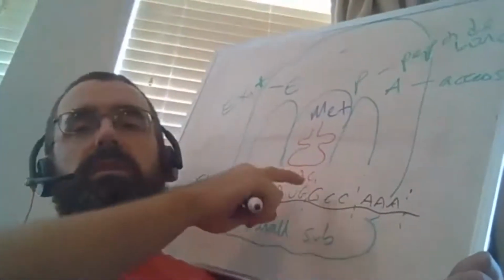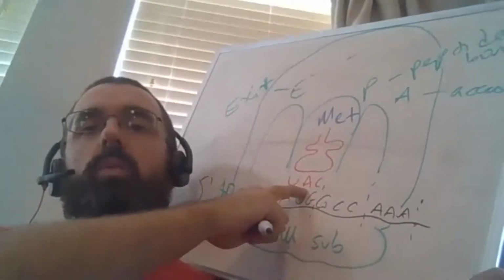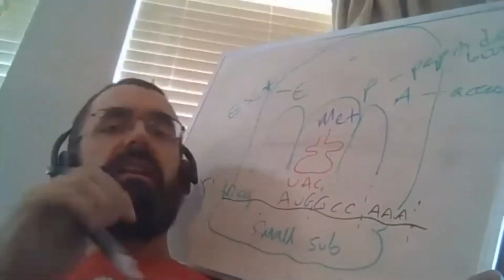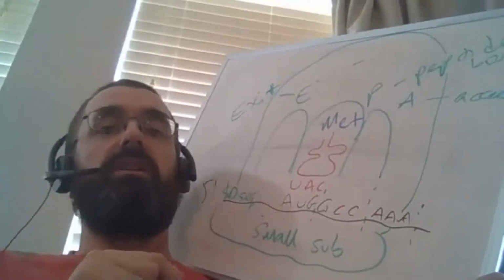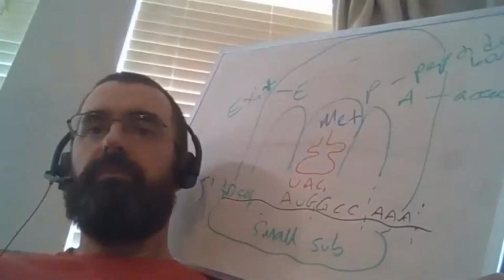When the large subunit assembles, this existing tRNA that's already there will slot very neatly into the P site. I'm going to leave this up here because I'm going to use that in just a second. Anybody got questions? Nope. Okay.